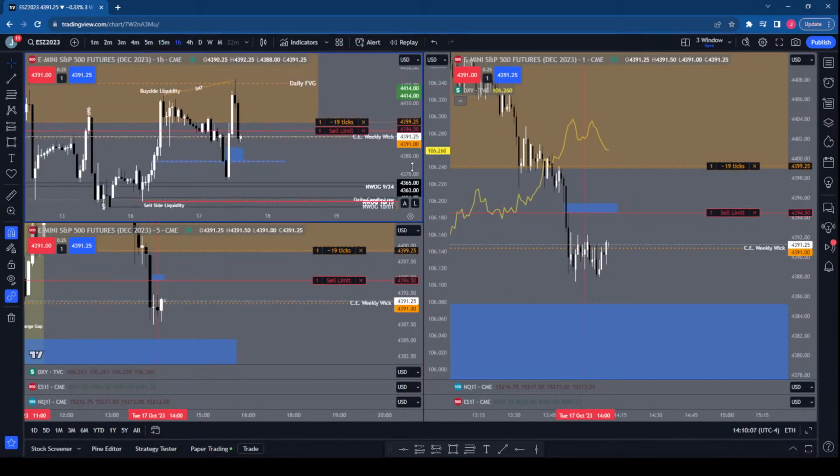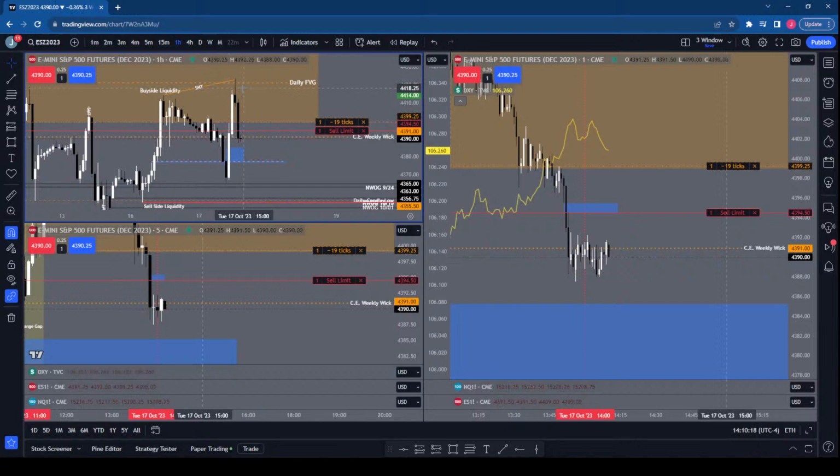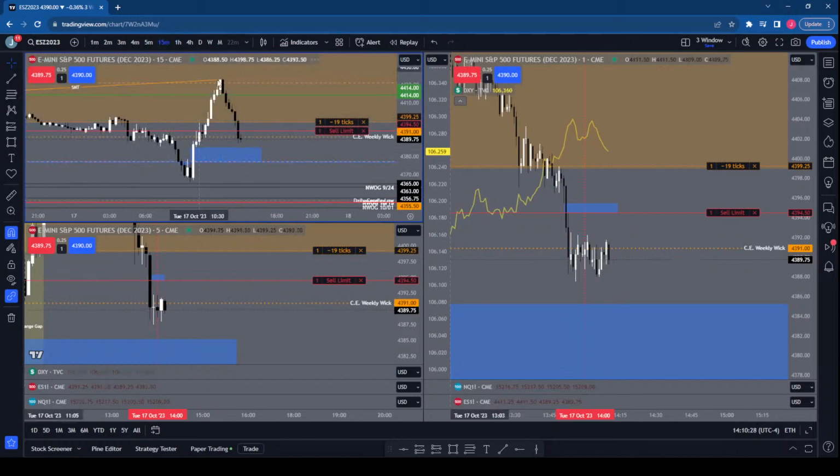I don't think we're in the best probability situation, because you can frame a bullish scenario. We made this higher high, coming back down on the hourly into this fair value gap. We could want to go higher.